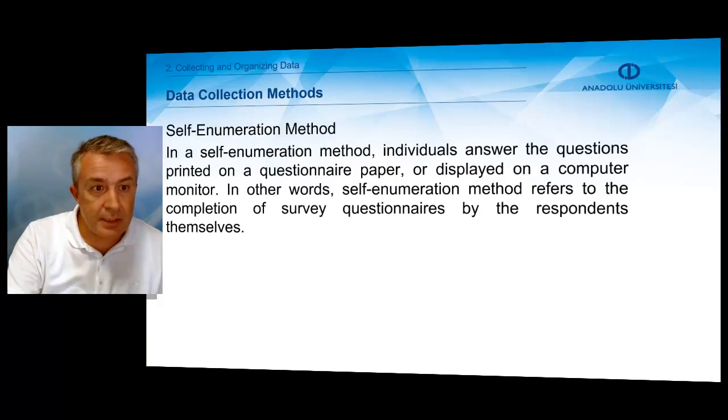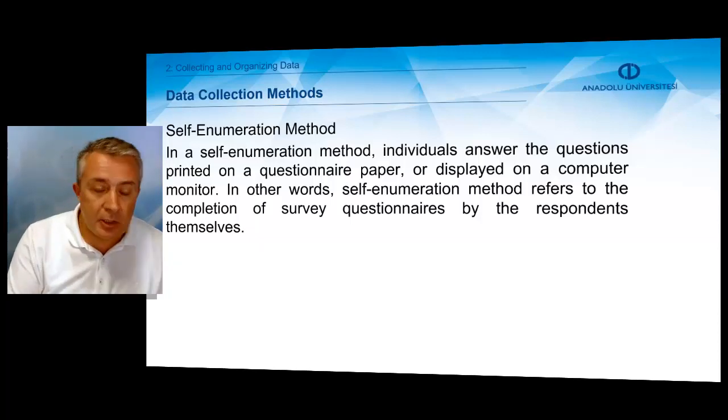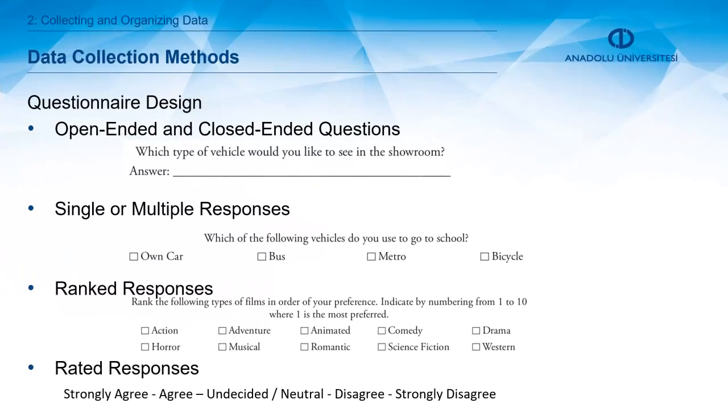When you are using the self-enumeration method, you have to be very careful with the questions you are asking, and there are lots of different types of questions, based on what you are going to need in the future. One of them is open-ended or closed-ended questions.